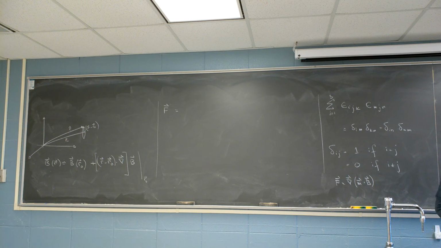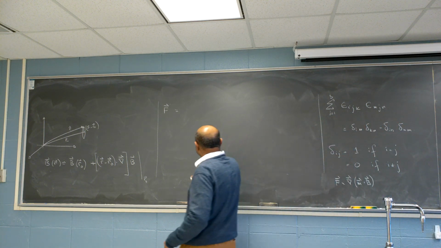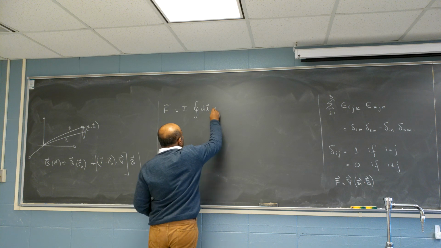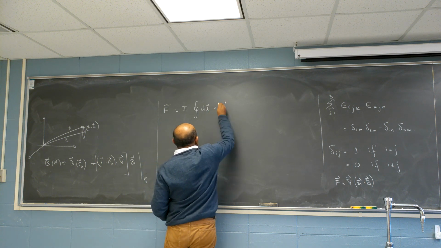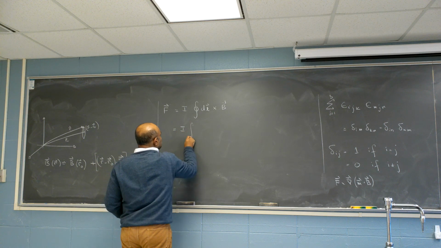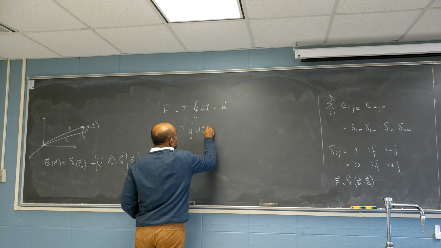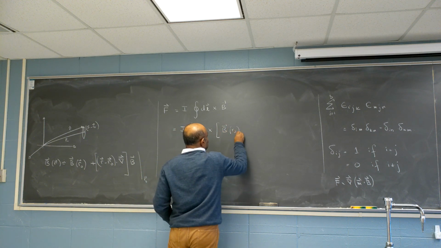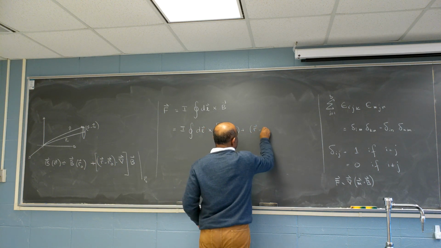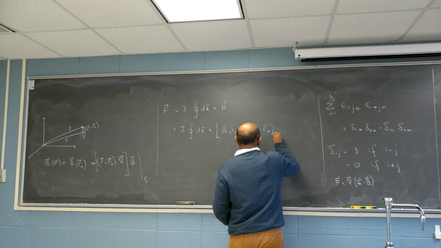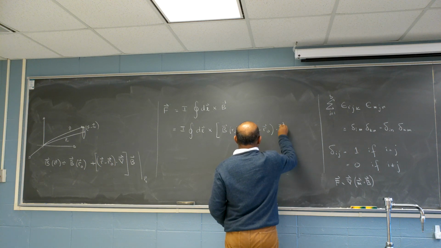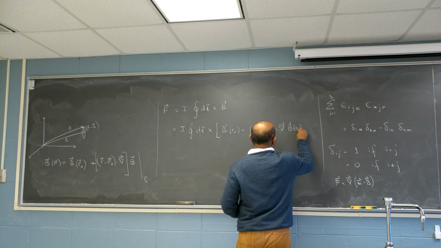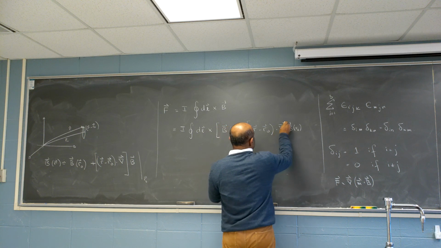Well, I'm going to bring the I out. dL cross B, and then I'm going to do the following. dL cross B at R0 plus (r minus r0) dot gradient acting on B. Look at this. You shouldn't get confused with this notation.